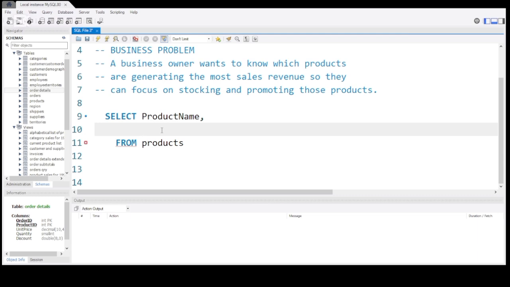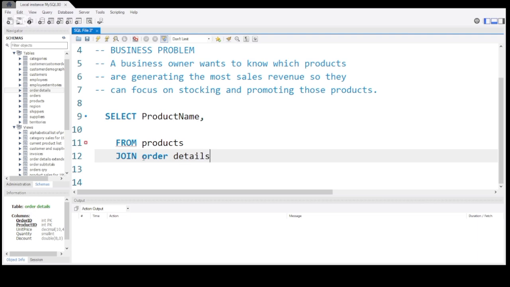From that order details table, we're not going to write FROM again, because now we are working with two tables. So we are going to use JOIN here. From this join, we are joining a table which is order details.